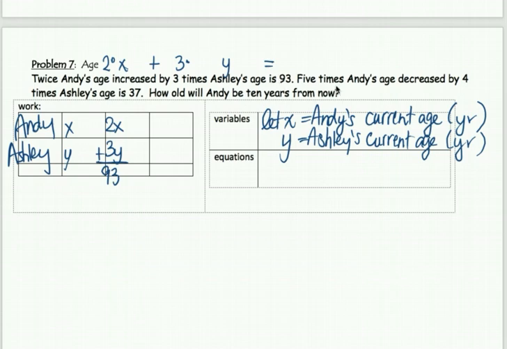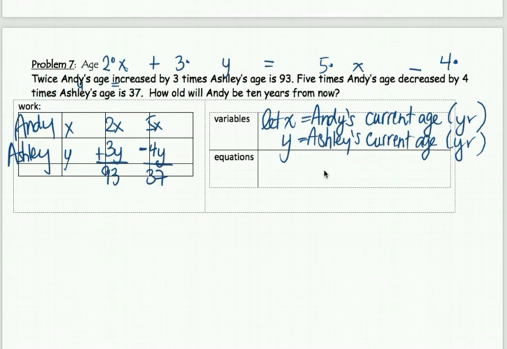The next one: 5 times Andy's age, decreased by 4 times Ashley's age, is 37. So we subtract 4 times Ashley's age, and that is 37. We built our 2 equations.